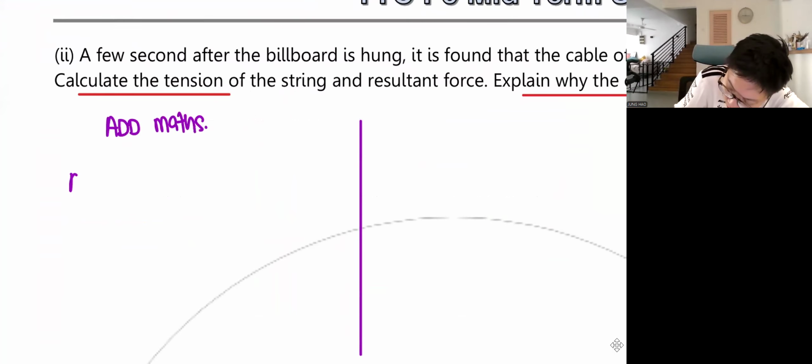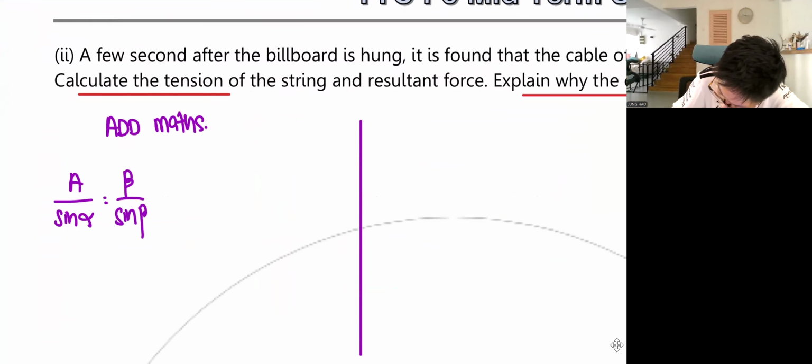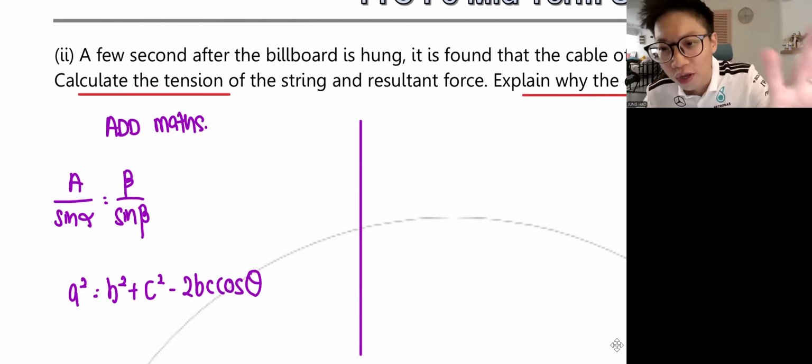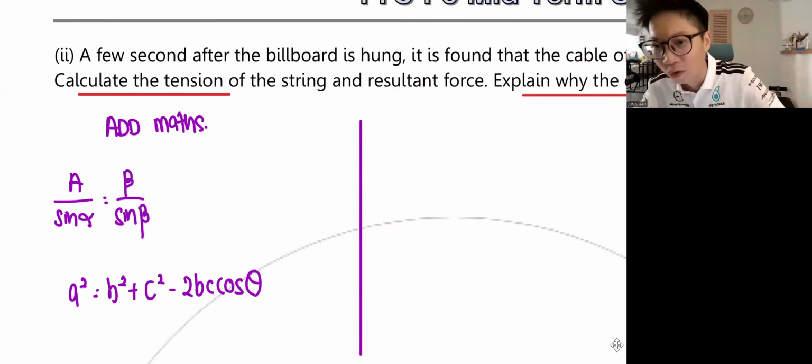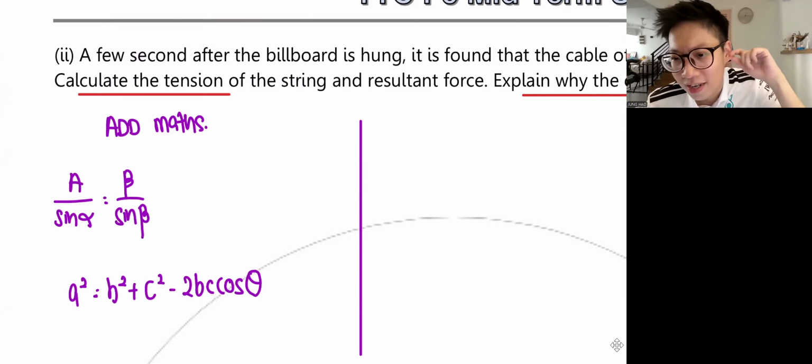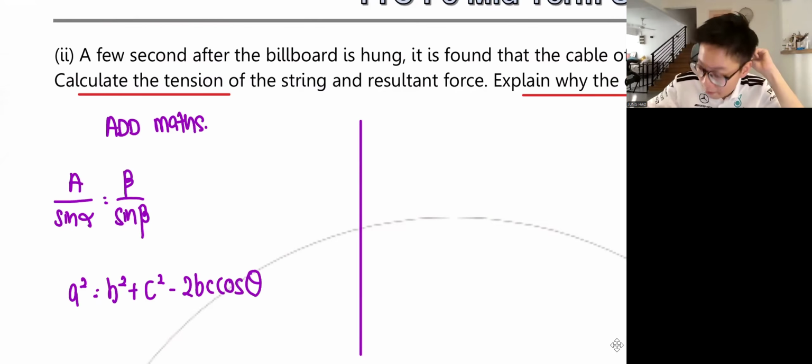You can do A over sine alpha equals B over sine beta, and so on. Or if you don't want to, you can use the cosine rule: A squared equals B squared plus C squared minus 2BC cos theta, something like this. I don't even know if I wrote this correctly or not. Can anyone tell me? Anybody here who took maths?